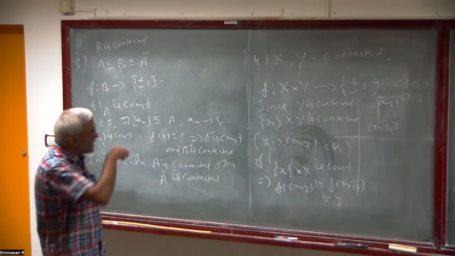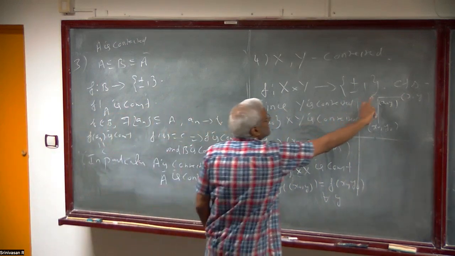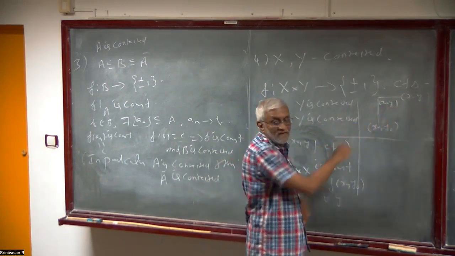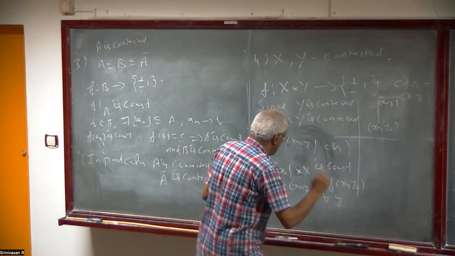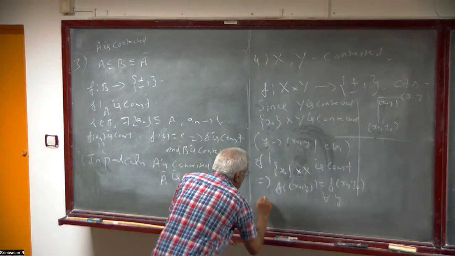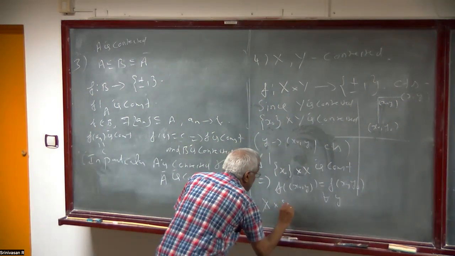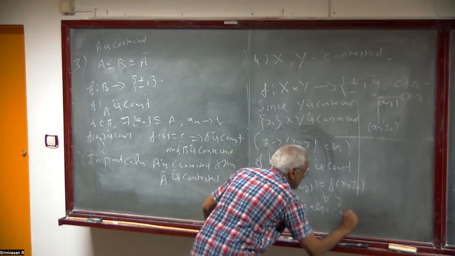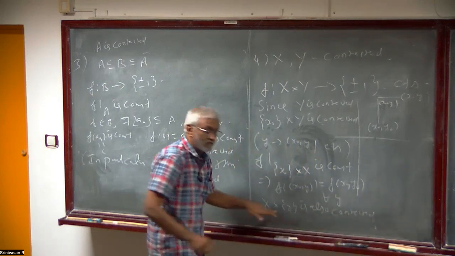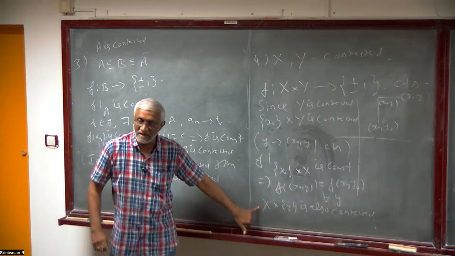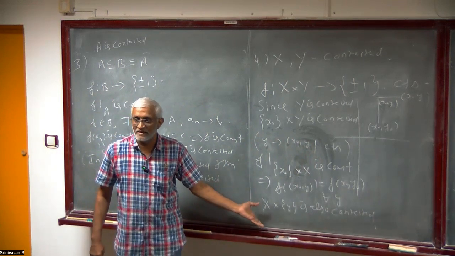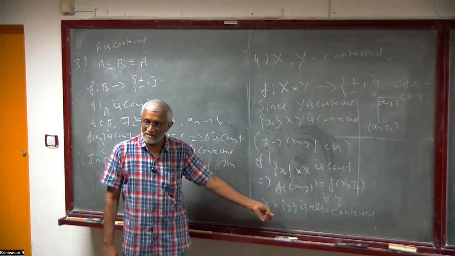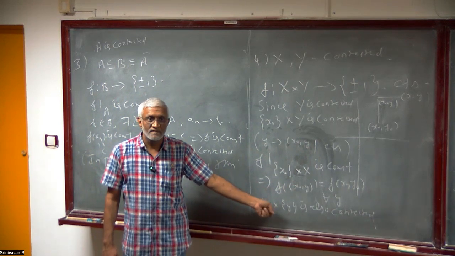On the other hand, you consider this. This y is fixed here, this is not a varying y. Now X cross the singleton y is also connected, for fixed y, of course. For some fixed y, this is also connected because X is connected. This is a continuous image of X. So this is connected.